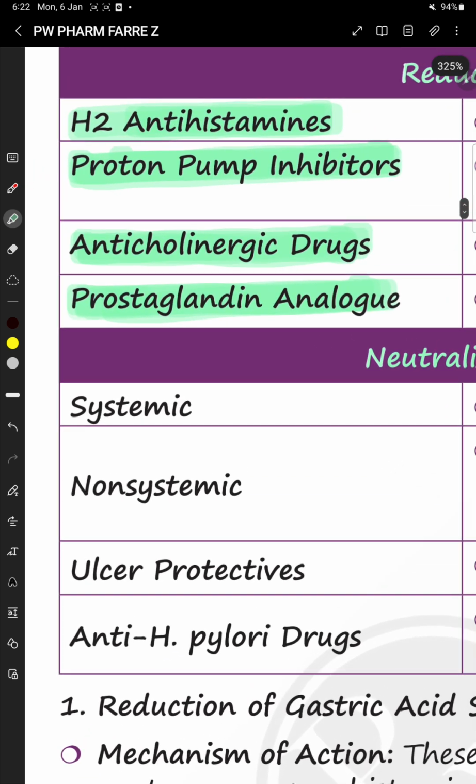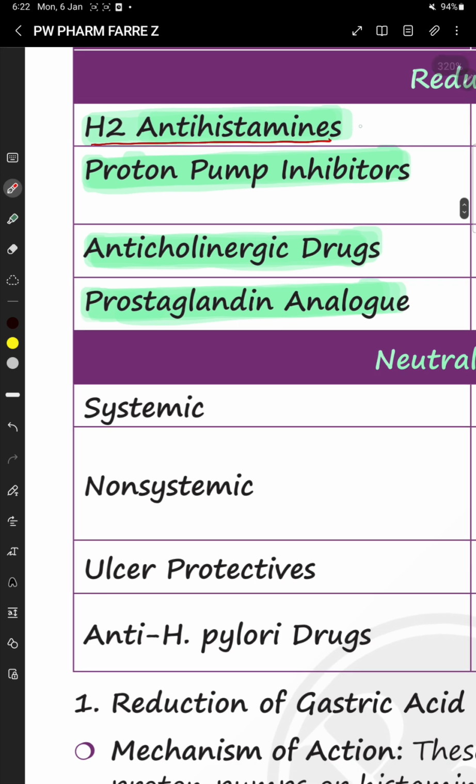So these are the drugs that reduce gastric acid secretion. H2 antihistamines end with the word tidine: ranitidine, roxatidine, cimetidine, and famotidine.